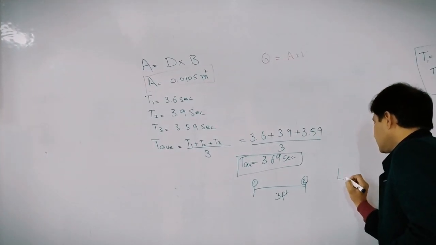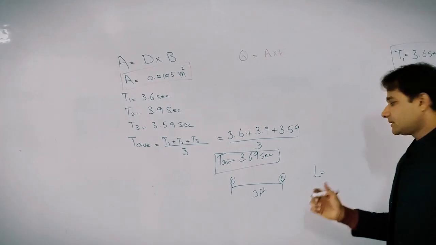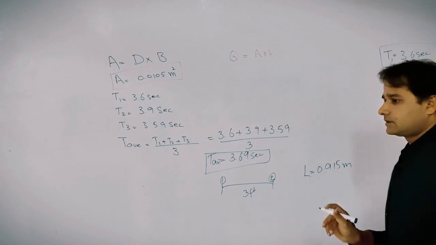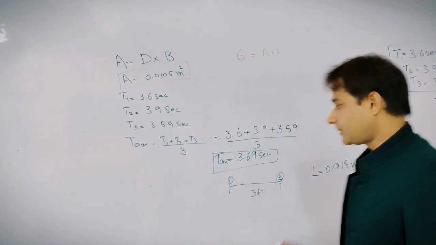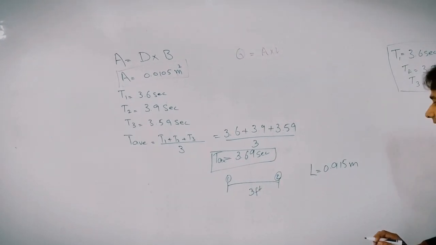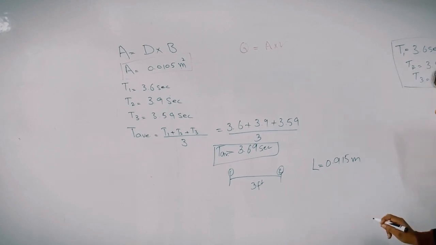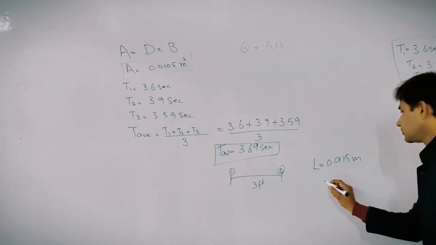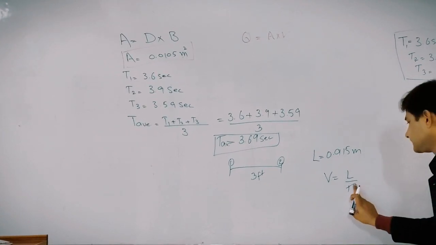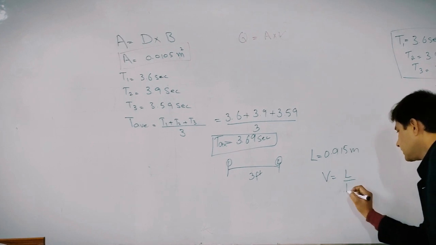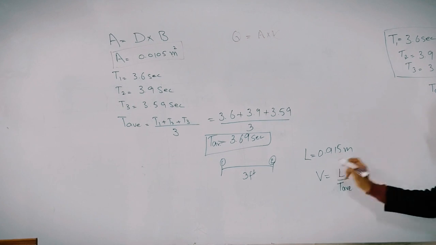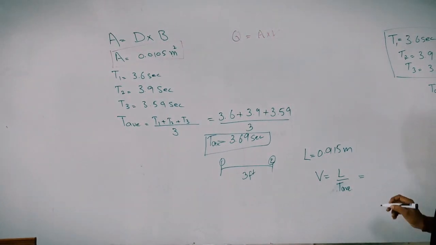So our length or displacement is 0.915 meter. Time is 3.69 seconds, and distance is 0.915. So velocity is displacement over average time.